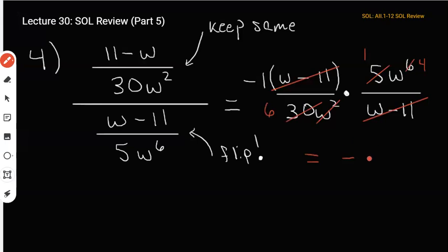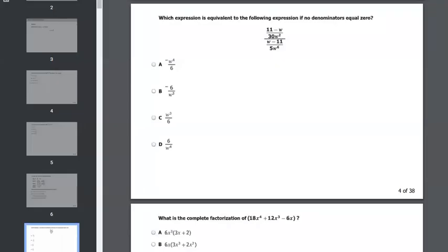And I'm going to have w to the 4th power on top. And then what's the only thing that's going to be left in the denominator? The 6. And now that there's nothing left to cancel, we're done. So which answer choice best matches that? It's going to be A.